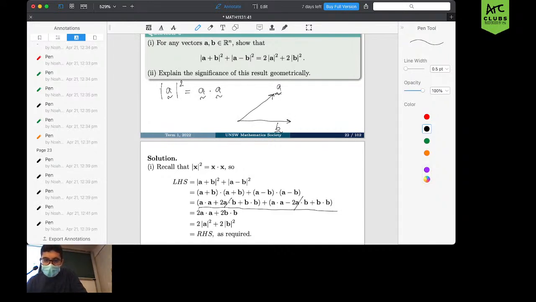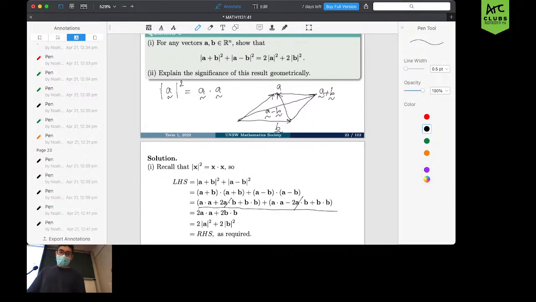And we know by our properties of vectors that the vector of this long diagonal is simply A plus B. And the vector for the shorter diagonal, say that vertex to the opposite vertex, we know that's vector A minus vector B.